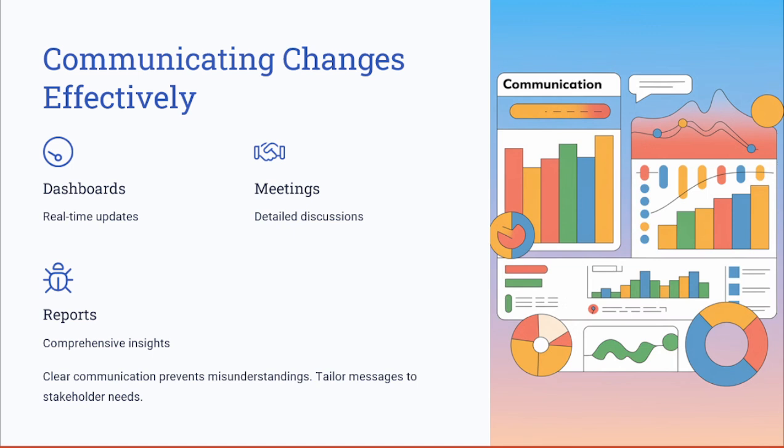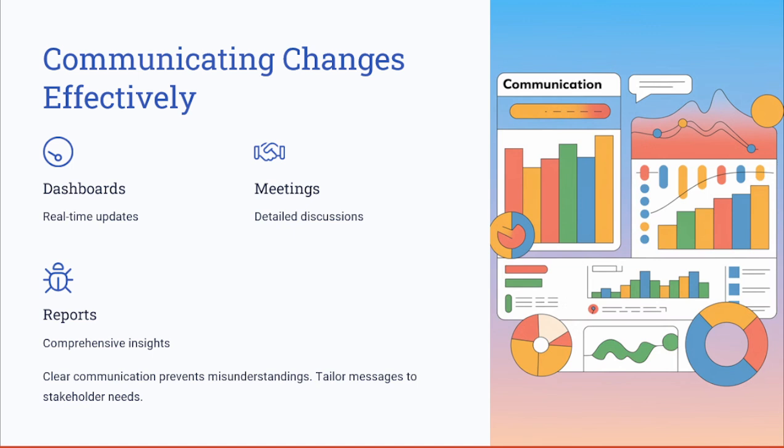As I mentioned in the previous session, the importance of having transparent communication is to communicate the changes effectively. Effective communication is the backbone of any successful change management. Project managers must ensure that the change details, rationale, and impacts are clearly conveyed to the stakeholders.